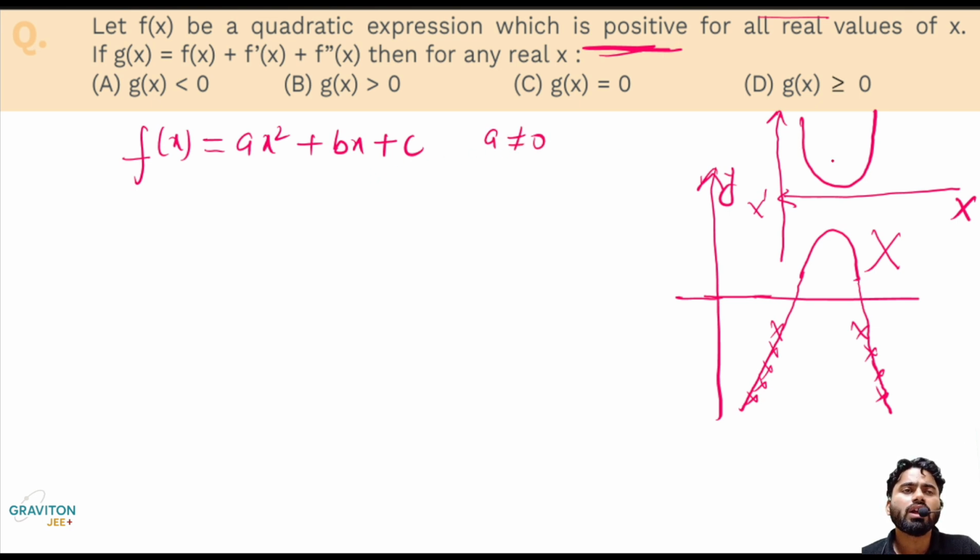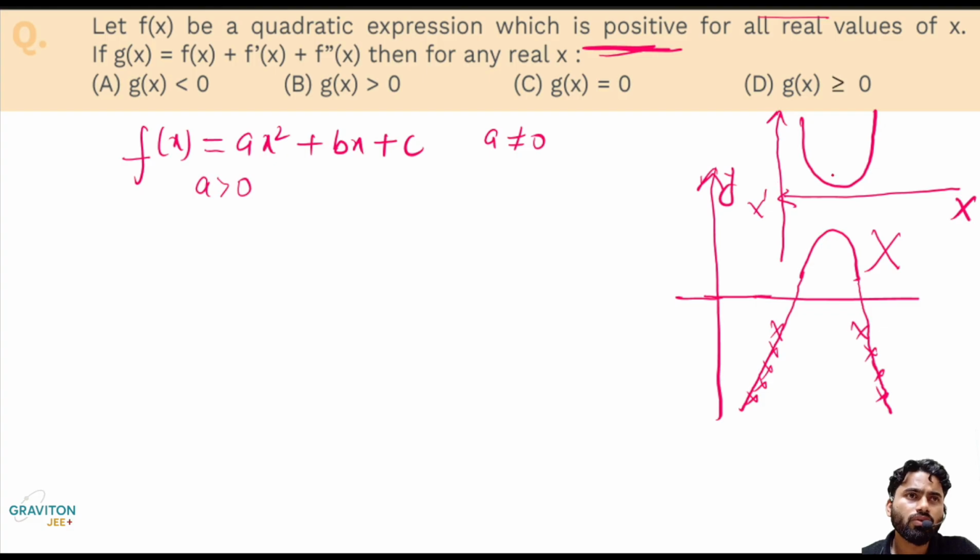Now look, I already told you in the last lecture, if your graph is facing upward, then the leading coefficient will be positive.